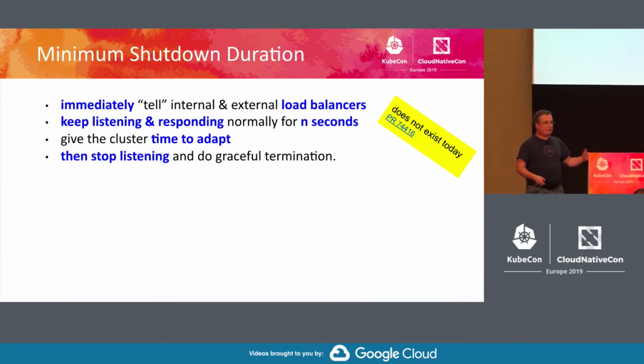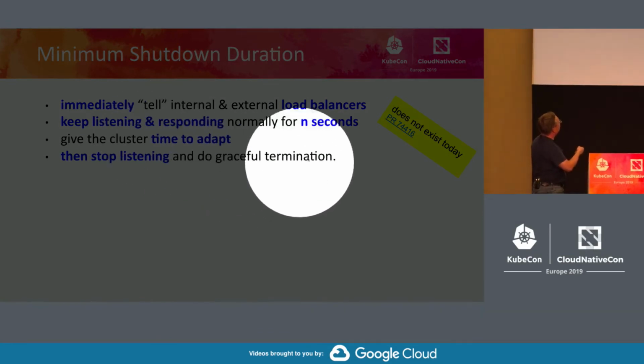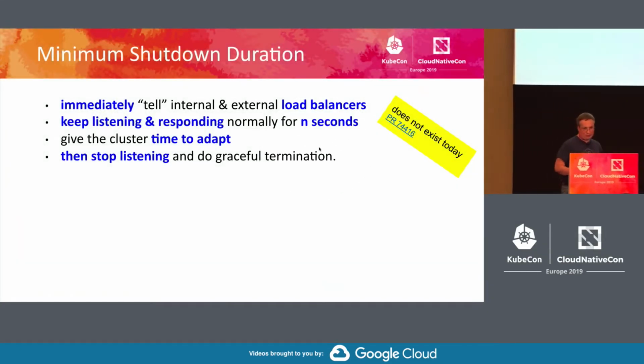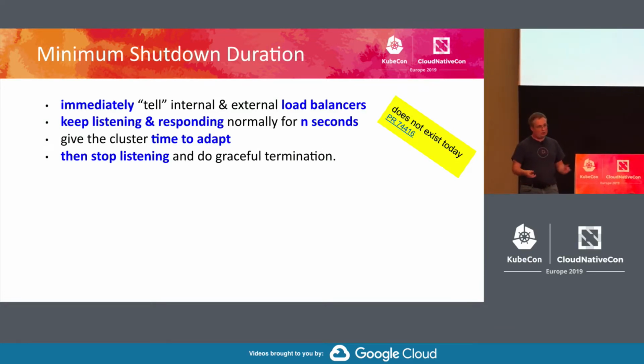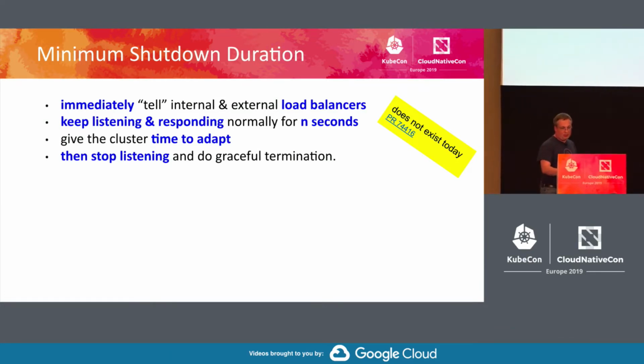The API server takes out the IP from the endpoint, so the kube-proxy will notice, and internal cluster clients will eventually, within those 30 seconds, not send traffic anymore. External load balancers, yeah, you have to tell them somehow, more in a second, what this means. And after 30 seconds, no traffic comes in anymore, so you can shut down and stop the connection.